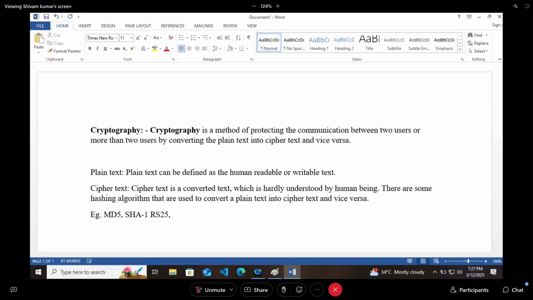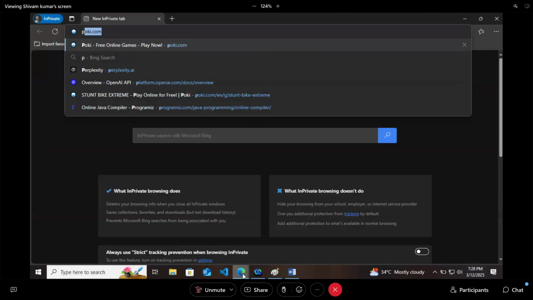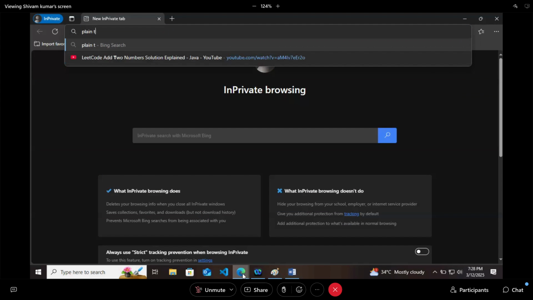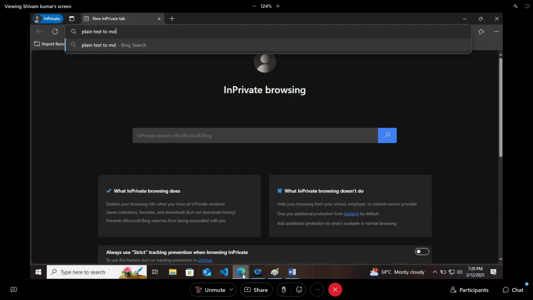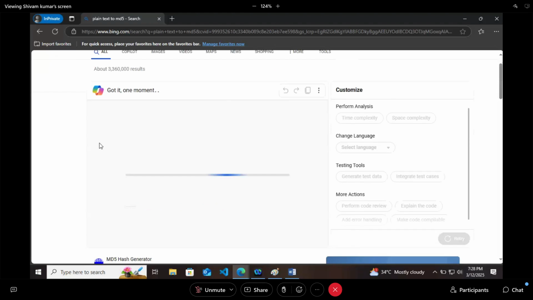And these three are common ones, out of which I have personally worked with MD5 and SHA1. Let me show you a glimpse actually. So plain text to MD5. Now you will be getting a question that if we can directly generate this.